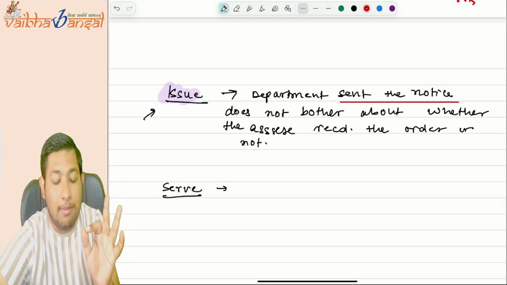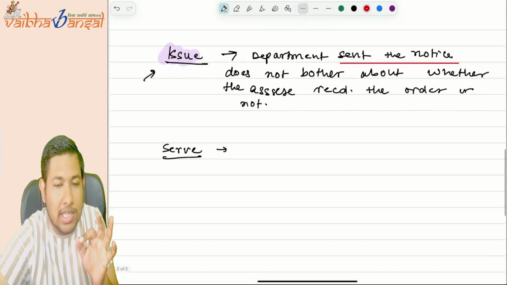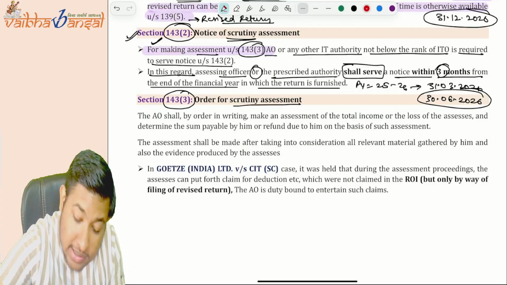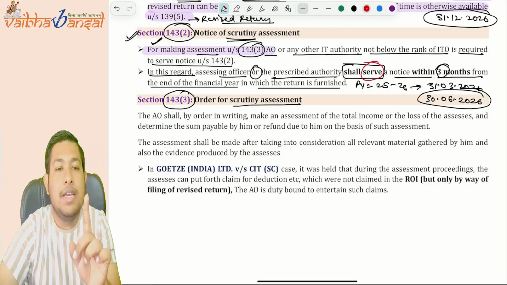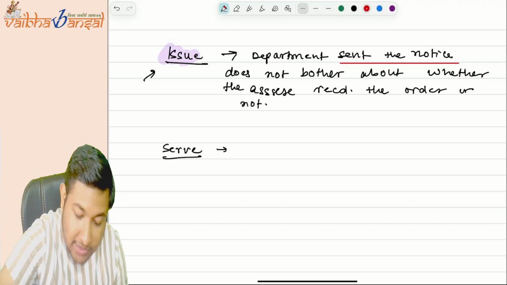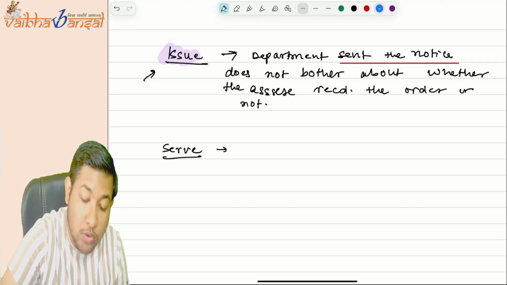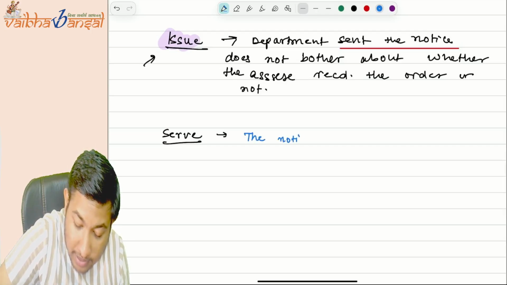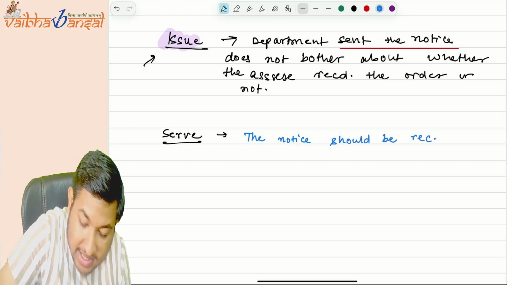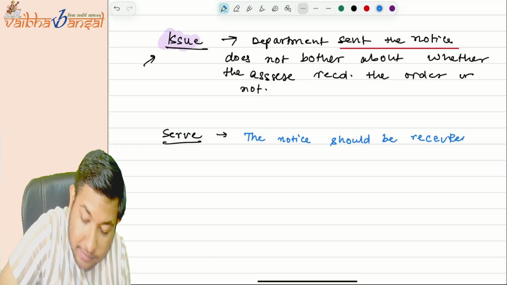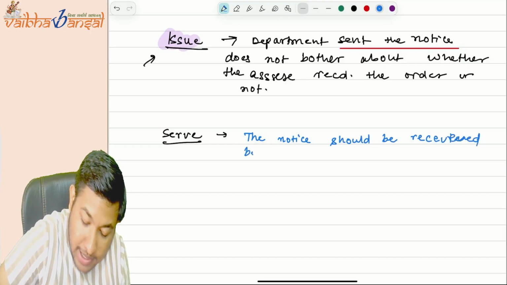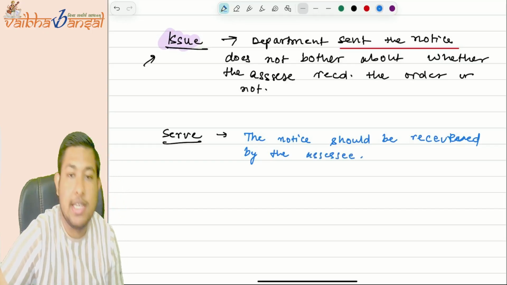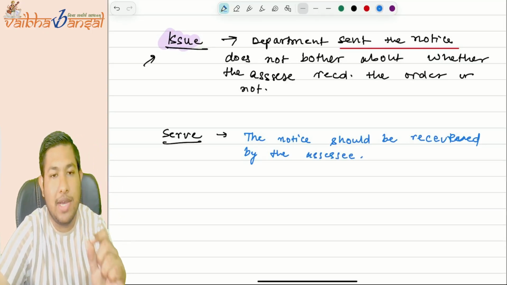But in our case, the word written is serve: a notice shall be served. In the serve thing, what is relevant is that the notice should be received by the assessee.